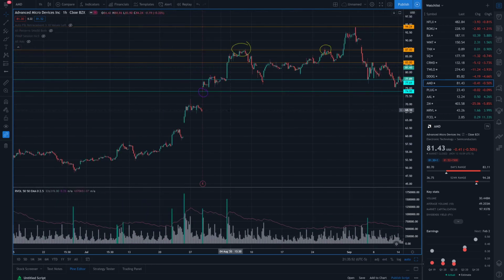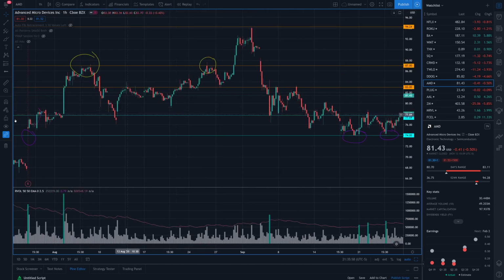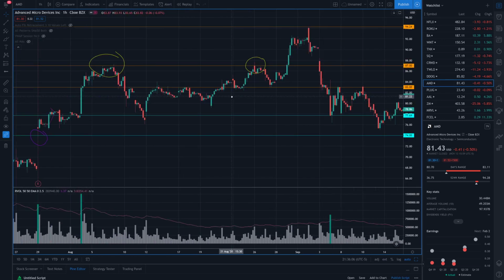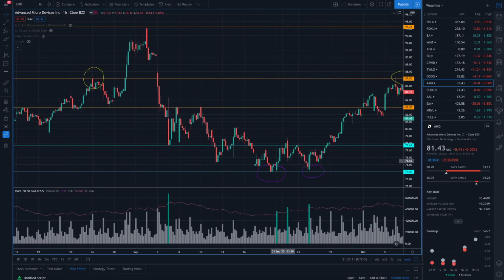So on the support, because we drew the previous bottom levels, you can see it has strong support at 74, right? So over the course of the past few months, AMD has not fallen below 74.